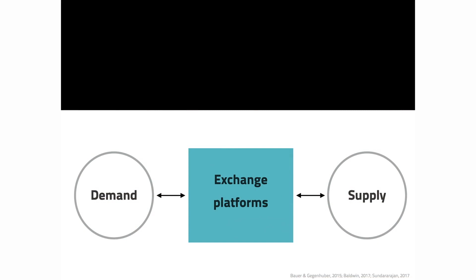Digital exchange platforms are a frequently used example for a new form of organizing. What are exchange platforms? Exchange platforms facilitate transactions or the exchange of other valuable goods, information, or opinions between at least two parties. For example, Airbnb connects travelers, so the demand, with hosts who supply flats where you can stay.